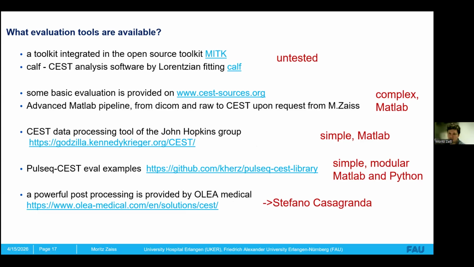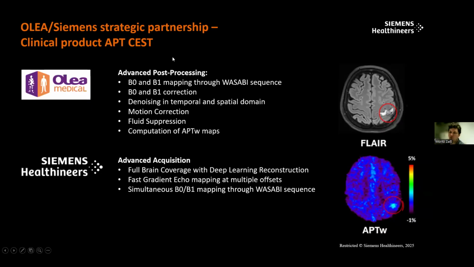However, I don't know if this is necessary because there's also a partnership between Olea and Siemens. So they want to make a clinical product for APT-CEST. And pretty much all these reconstructions and post-processing of Olea Medical will also flow somehow to the scanner. So that's at least what I hope. Yeah, they have a lot of B1 and B0 correction, denoising, and also motion correction, fluid suppression, and the final generation of the maps.